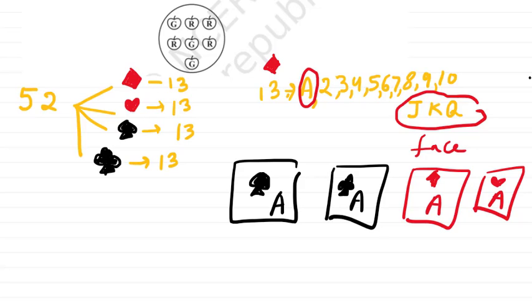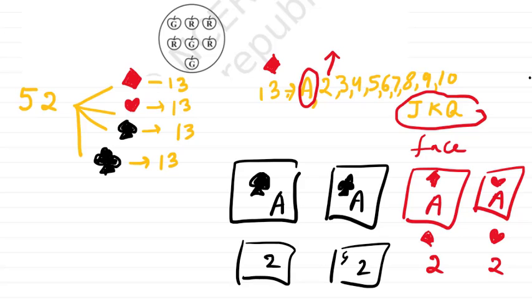So you have 4 aces like this. Same way, you will have two cards, one for diamond and one for the heart, and for the spade and one for the club.